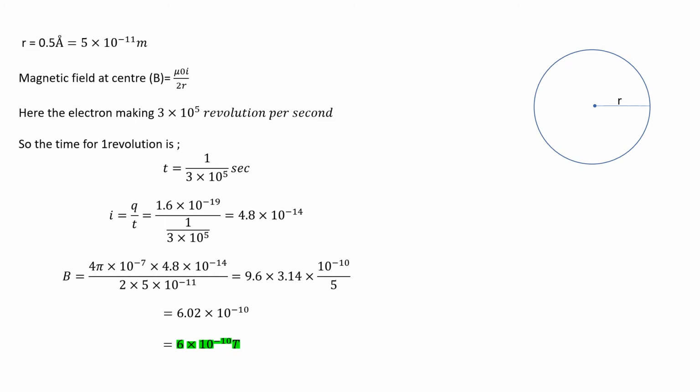And we know that current is equal to Q by T. So your charge Q is equal to 1.6 into 10 to the power minus 19 and T is equal to 1 by 3 into 10 to the power 5, that is equal to 4.8 into 10 to the power minus 14, and B is equal to 4 pi into 10 to the power minus 7 into 4.8 into 10 to the power minus 14 whole divided by 2 into 5 into 10 to the power minus 11, that is equal to 6.02 into 10 to the power minus 10 Tesla.